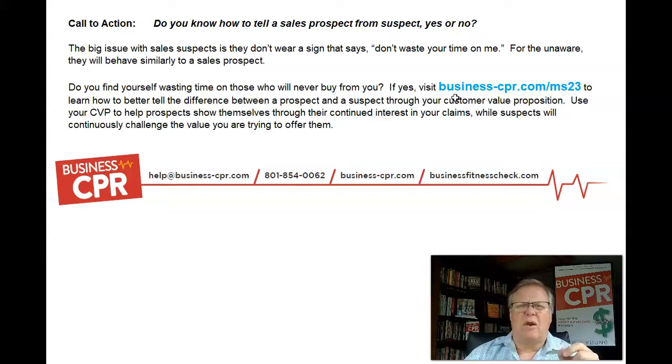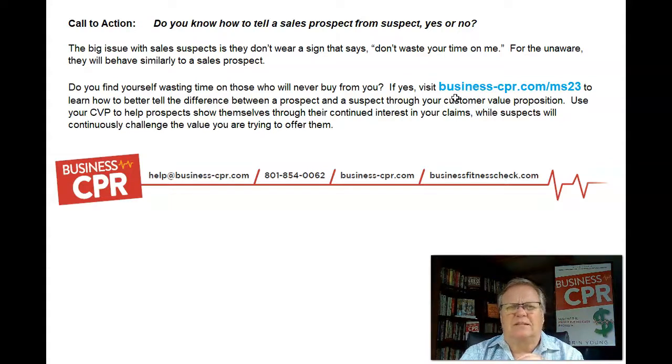The customer value proposition is your statement of facts that communicate to potential customers, here's the value that we're offering you in your purchase from us. Those who are interested, i.e. valid and legitimate prospects, will stay engaged with you trying to understand what the proposed value is.